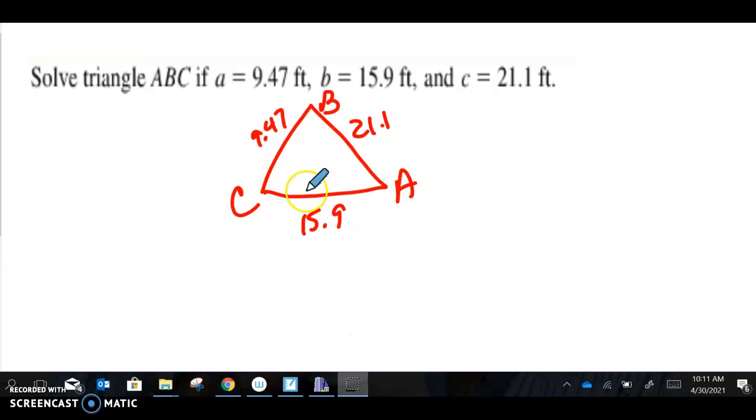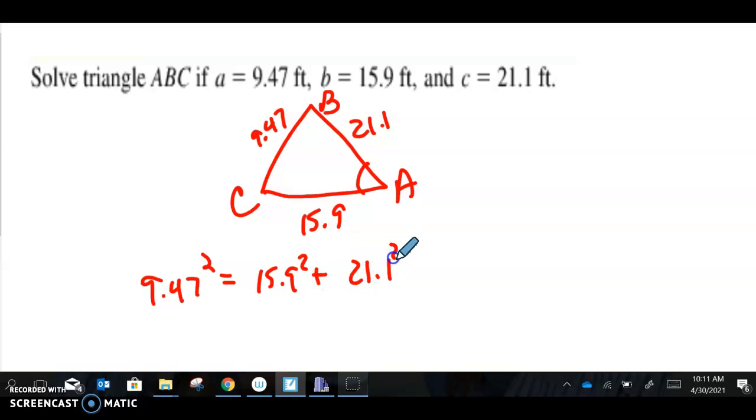Let's set it up. Let's find A first. Doesn't matter, I'm just picking A. So I know that A squared equals B squared plus C squared minus 2 times B times C times the cosine of A.